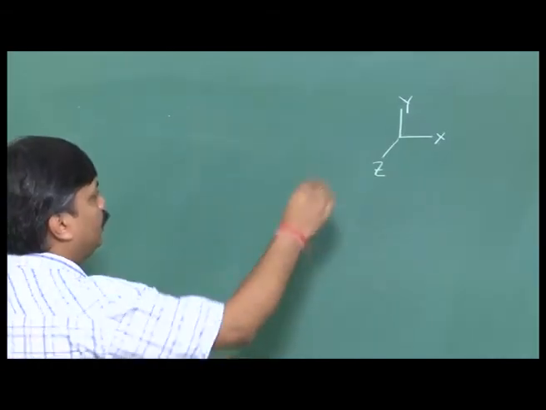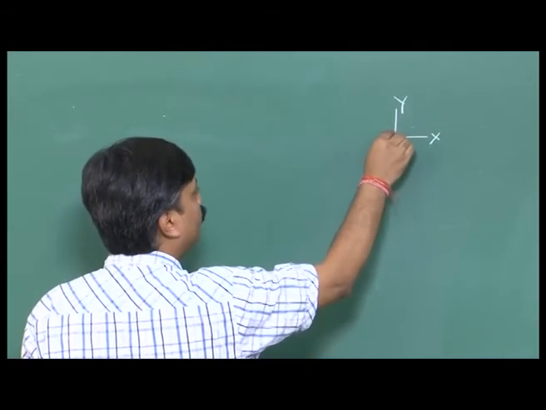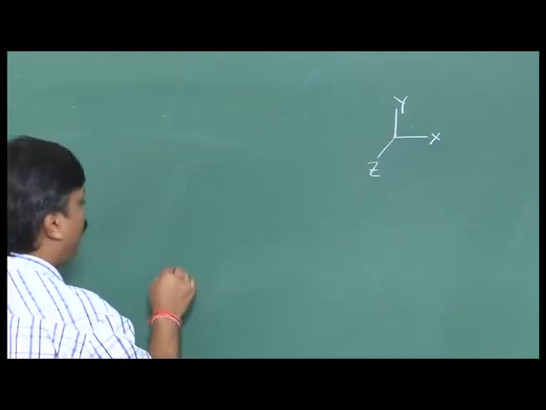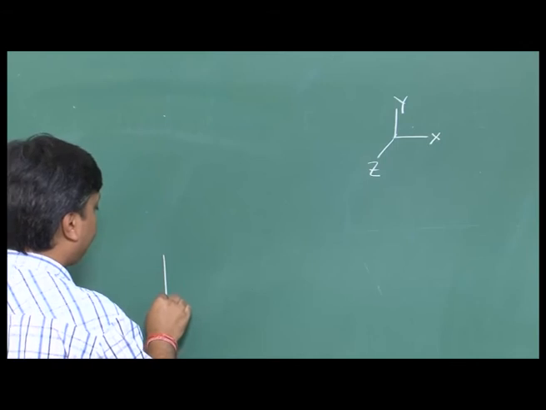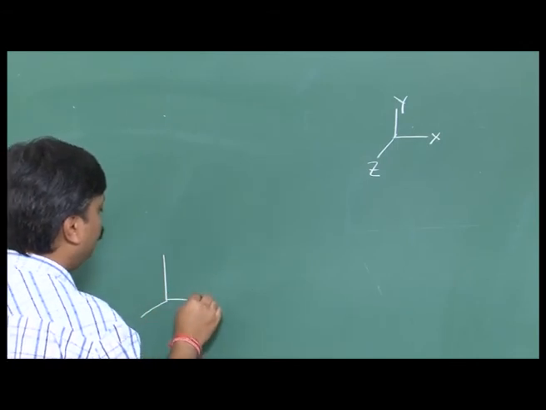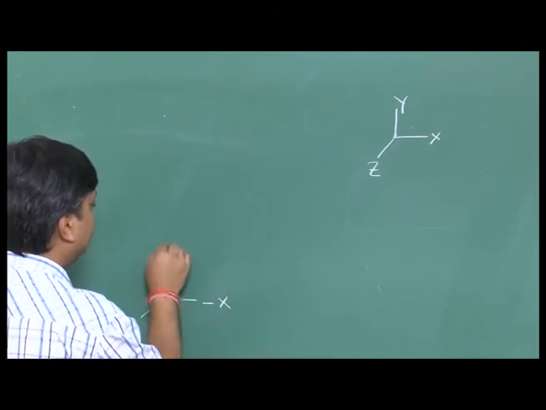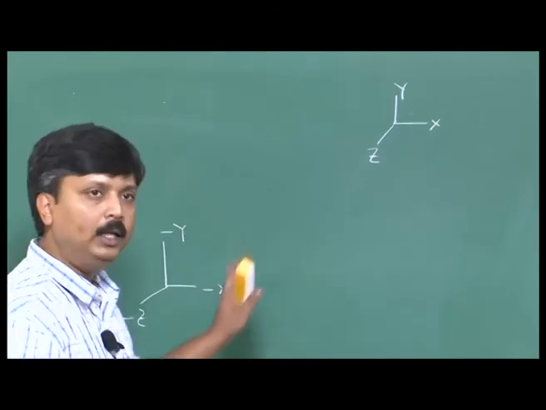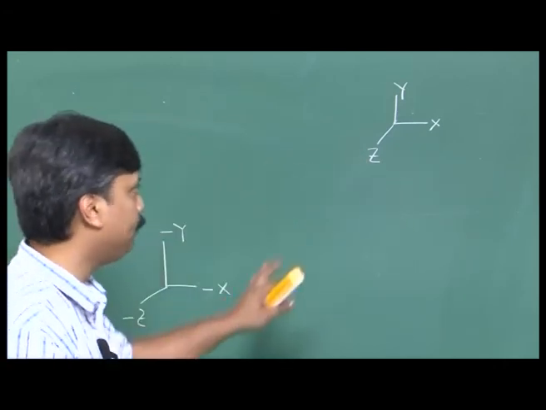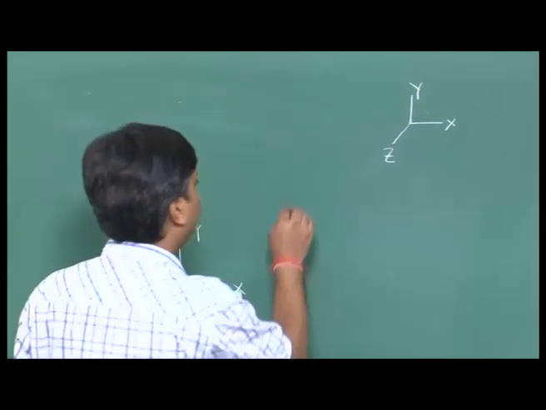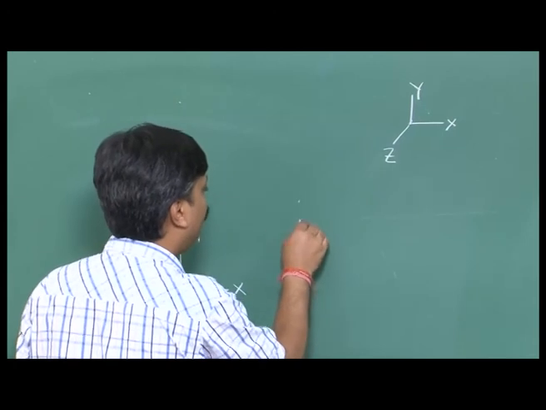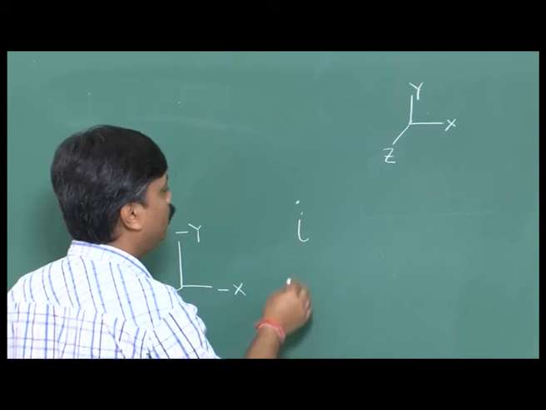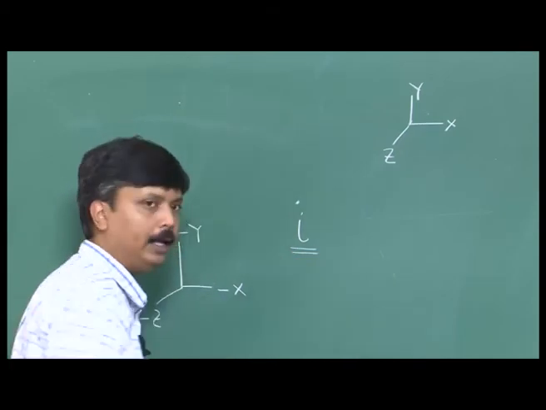If I can find an equivalent point here whose coordinate will be minus x, minus y and minus z, then the origin of this system will be the point of inversion or center of inversion. So this particular point here will be the center of inversion, I.